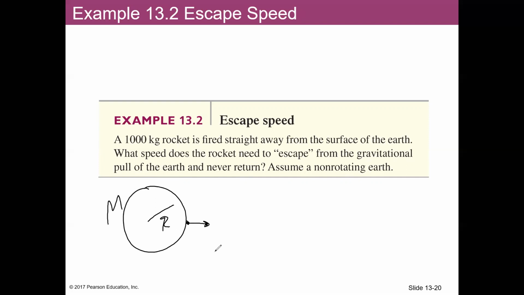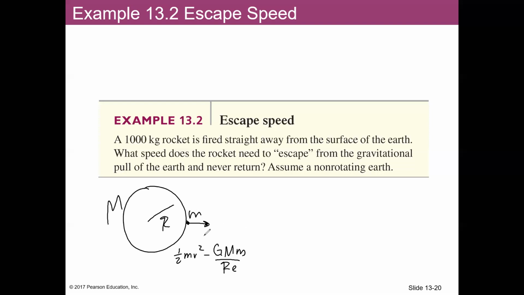And so we're going to say that it has a kinetic energy. What's its total energy at this beginning spot? It's going to have 1/2 mv squared minus, a negative potential energy of minus G big M little m over the radius of the Earth or the planet. Again, the rocket or the object has its mass little m.